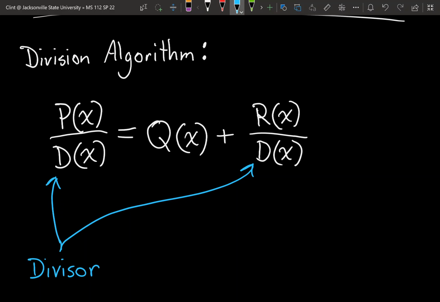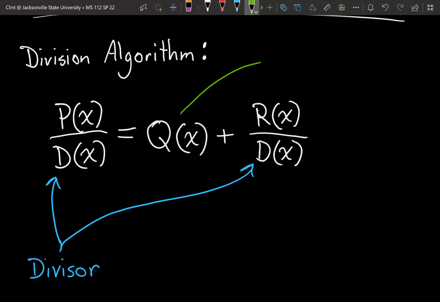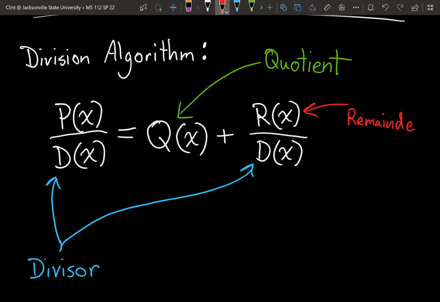When we divide, the answer we get is what we call the quotient, so that's q of x. And sometimes if it doesn't divide out evenly, we have some left over. That thing we have left over we call the remainder.